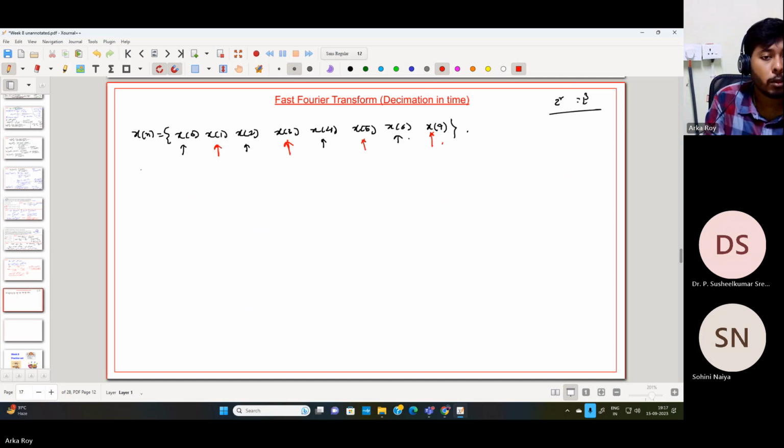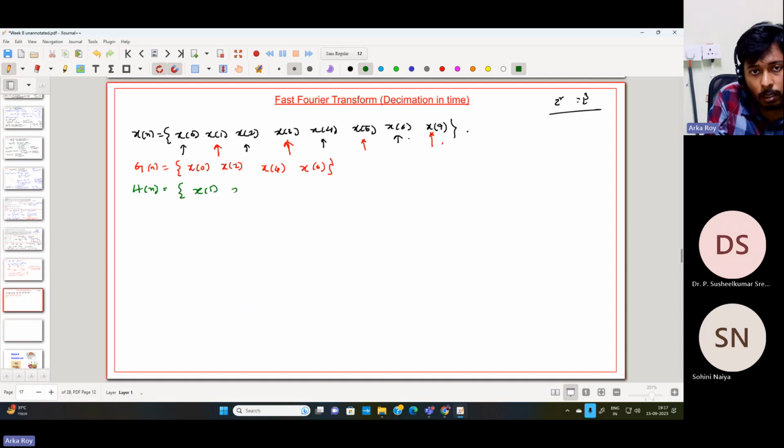So g[n] will comprise x0, x2, x4, and x6, and h[n] will comprise x1, x3, x5, and x7.